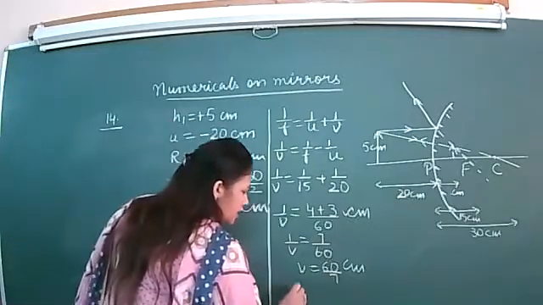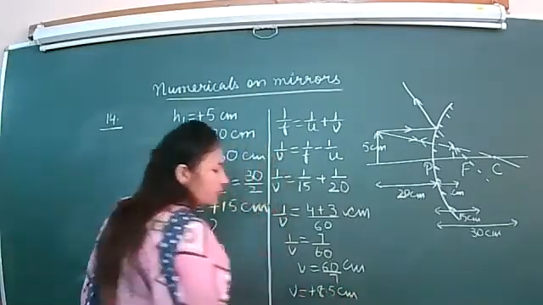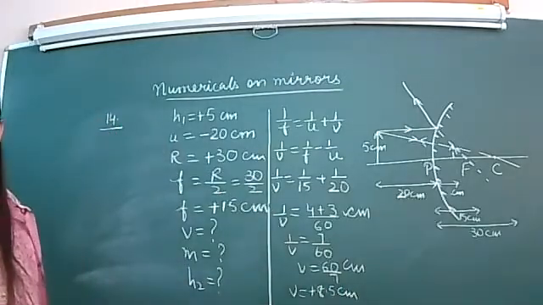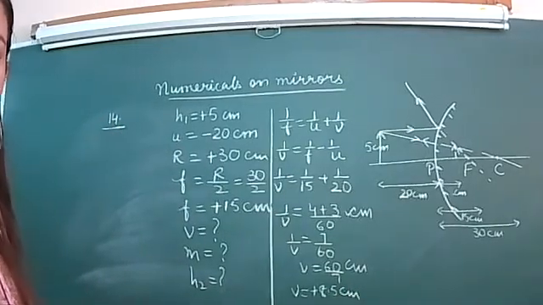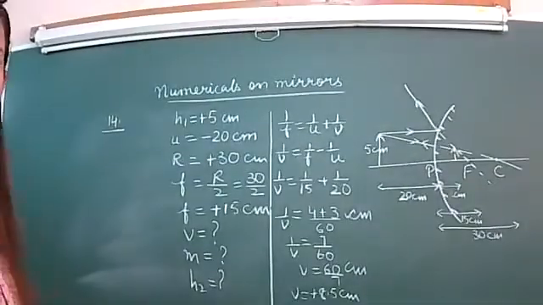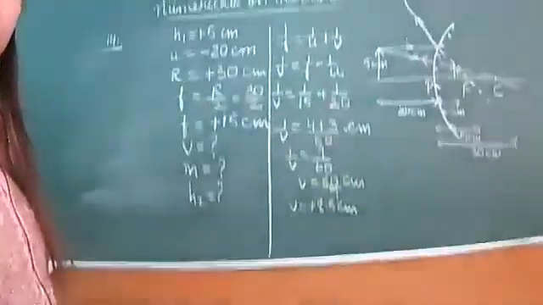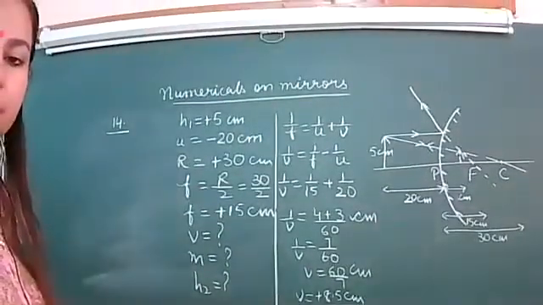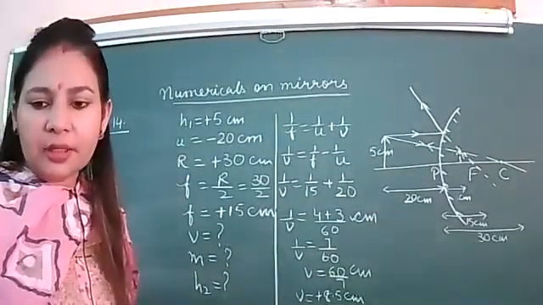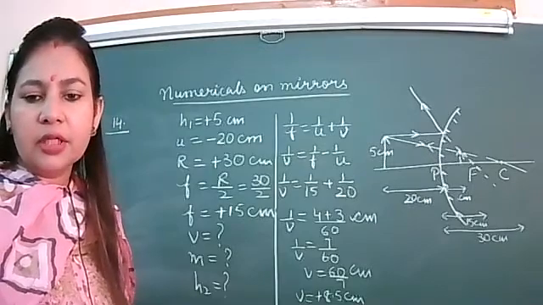V is 8 point something. All right. So V is again positive, so our answer is correct. And again it is less than focal length. That is also correct. I have written 8.57. Yes. Wait.